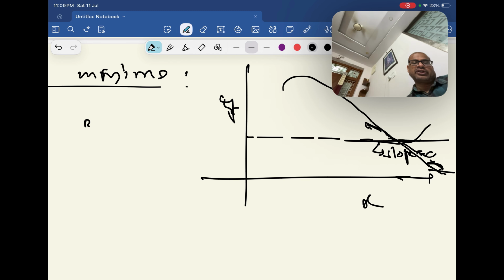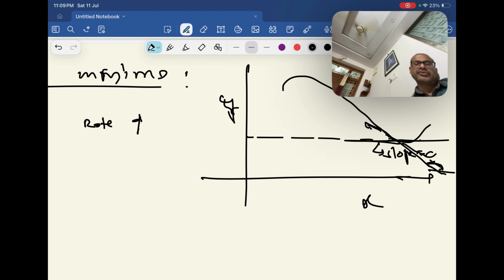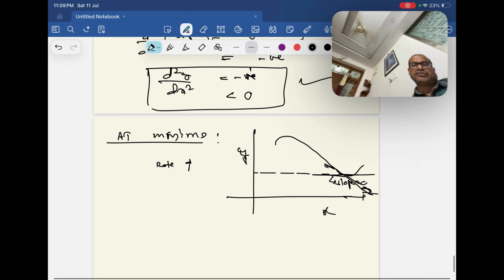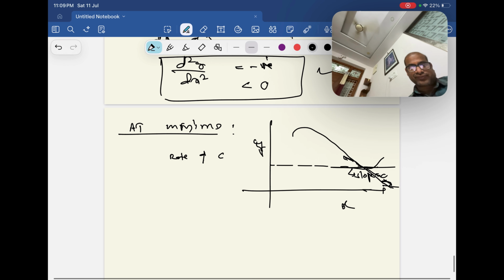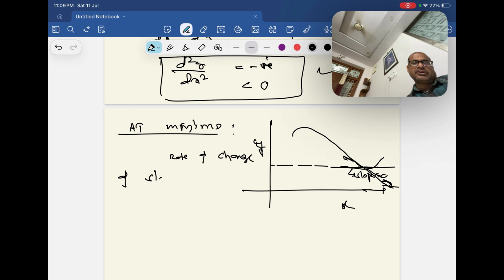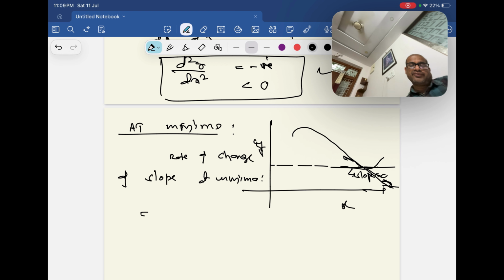So if I talk about the rate of change of slope at minima, we are going to talk about d by dx of dy by dx.